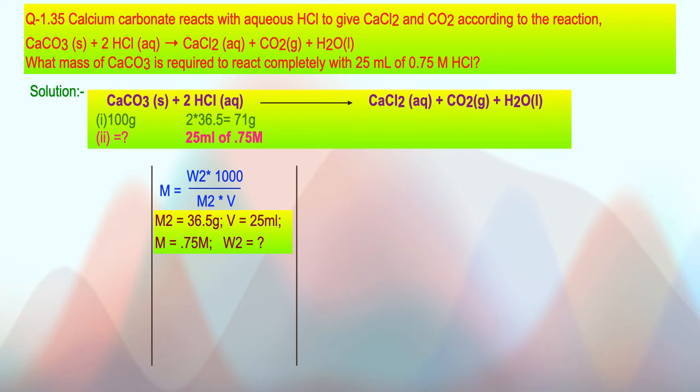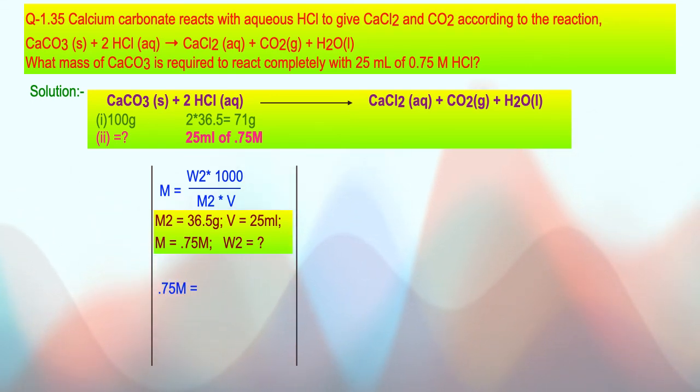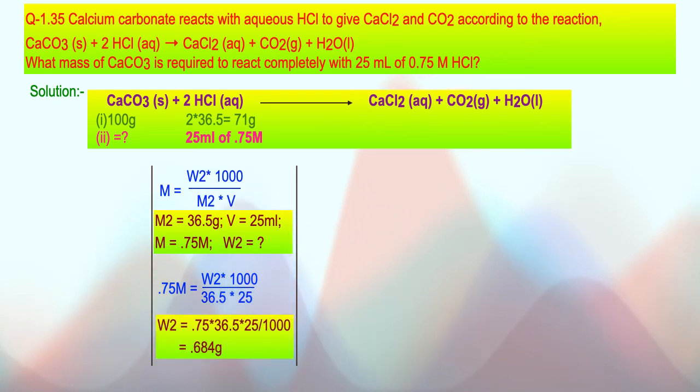Volume is 25 ml, and we will get the W2 here. We will have to calculate the W2. In most numericals it is given, but it is not given here. Then we will have to calculate. Molarity equation we will apply here, and W2 comes out to be 0.684 gram.